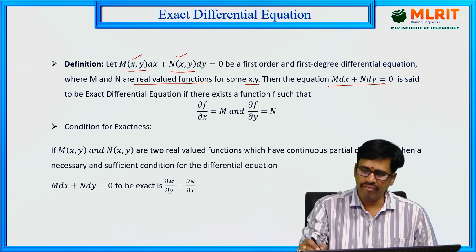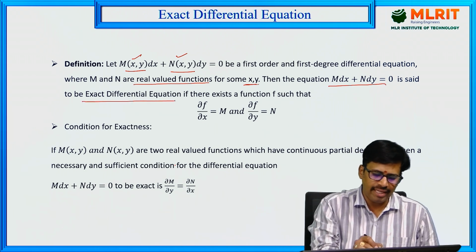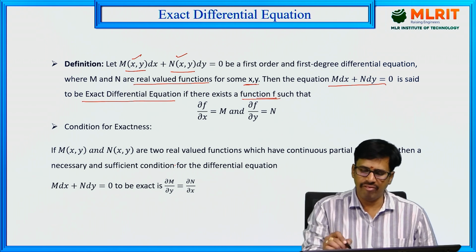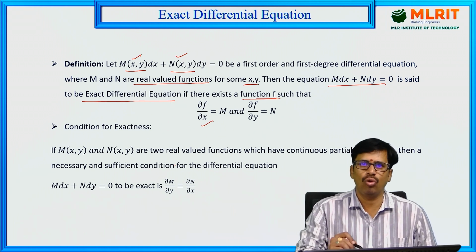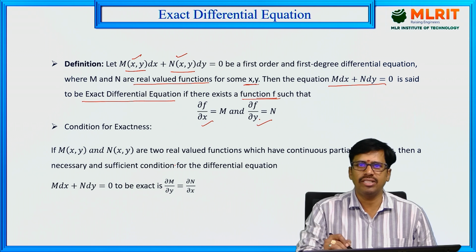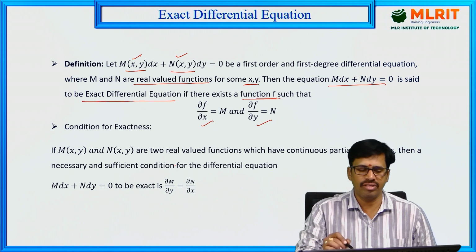Then this equation M dx plus N dy equal to 0 is said to be an exact differential equation if there exists a function f such that if you differentiate f partially with respect to x, you get M, dou f by dou x equal to M, and if you differentiate f partially with respect to y, dou f by dou y equal to N. This is the actual definition of exact differential equation.